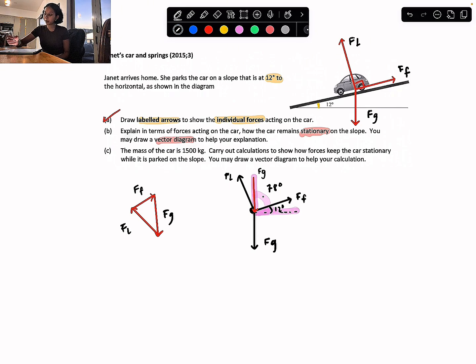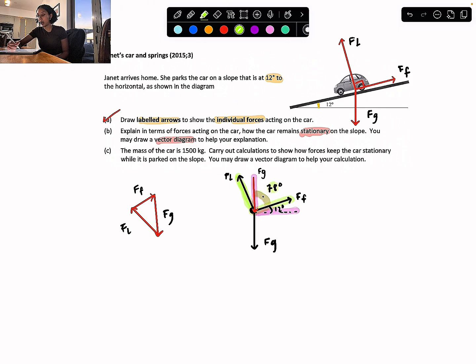So cool. Let's keep going. We've got another 90-degree angle occurring between FL, our lift force, and FF, our friction force. Can you see how that's 90 degrees? We've worked out previously that the angle between FG and FF is 78.